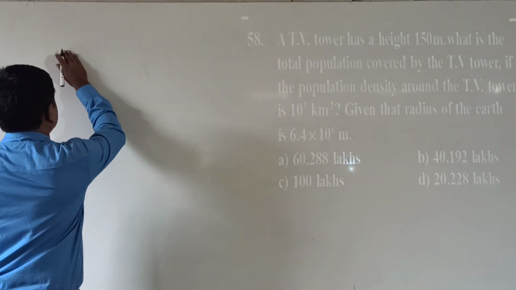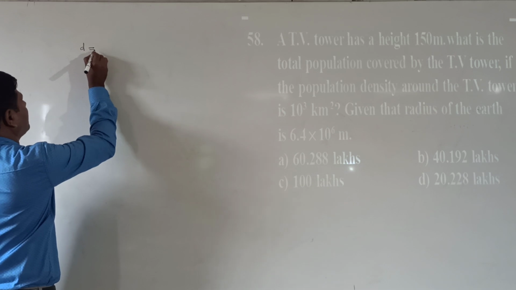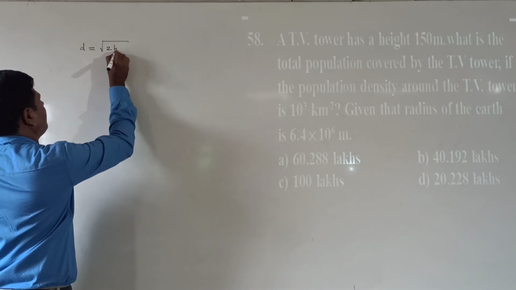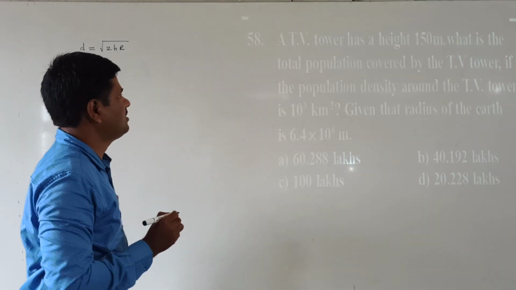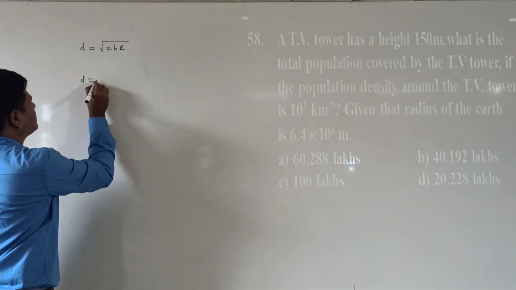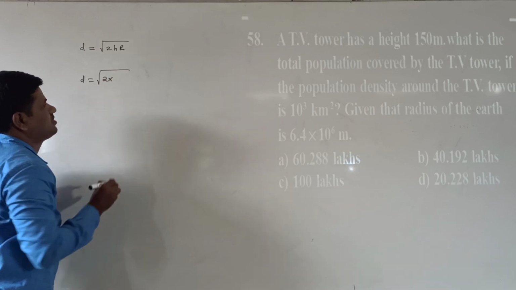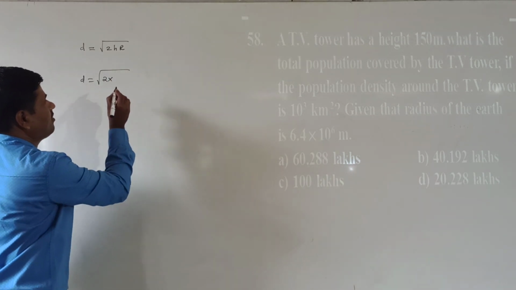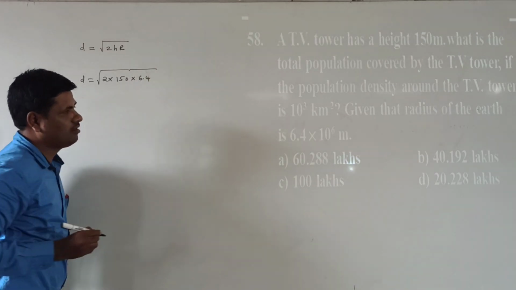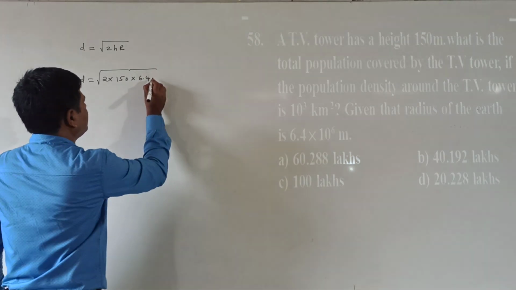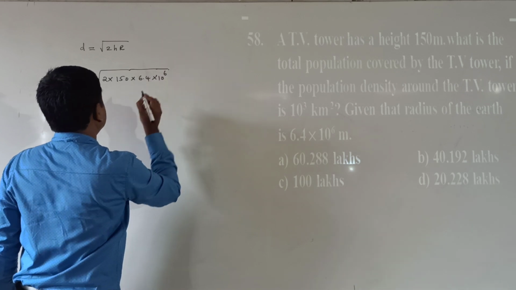First, the distance covered by the signal. That formula is D is equal to under root of 2hR, where h is the height of the tower, 150, and the radius is 6.4 into 10 power of 6.